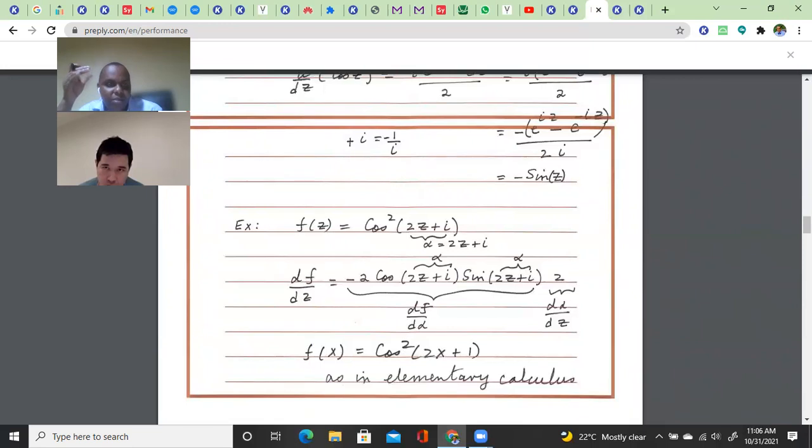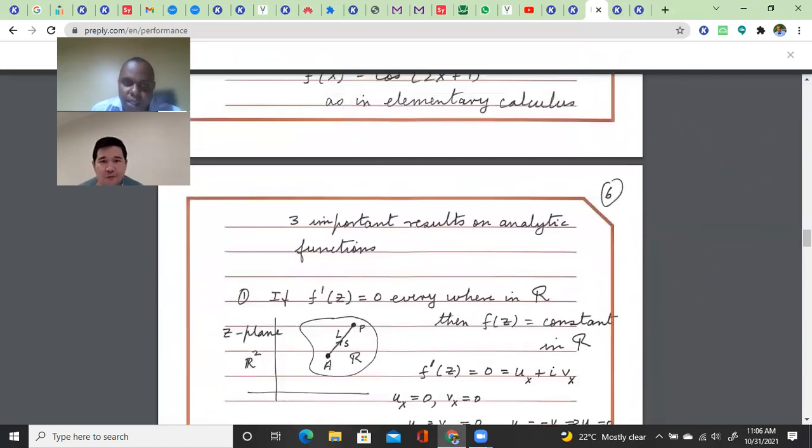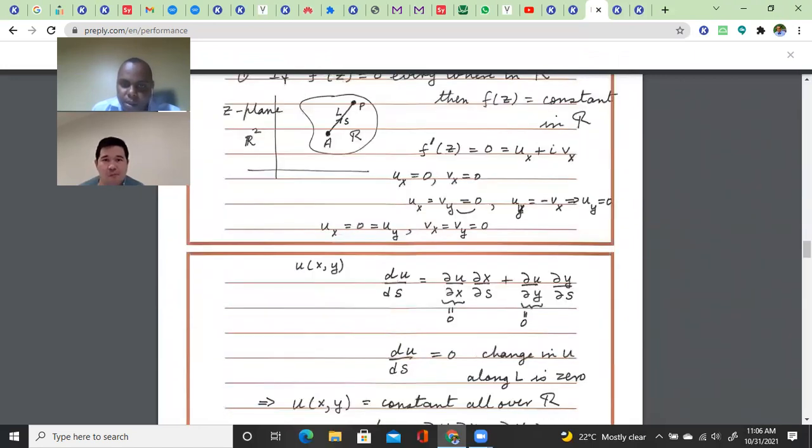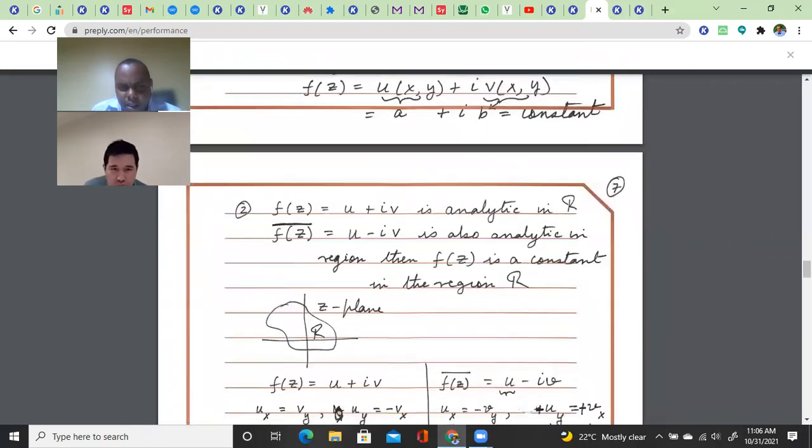We didn't talk about finding its derivative, because when you use the Cauchy-Riemann equations, they tell you that it's possible to get a derivative for this function. We are going to talk about it as well.